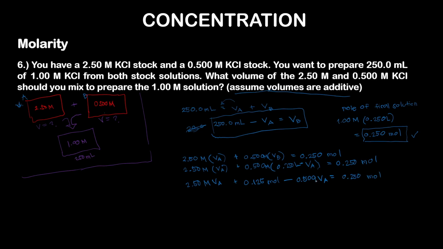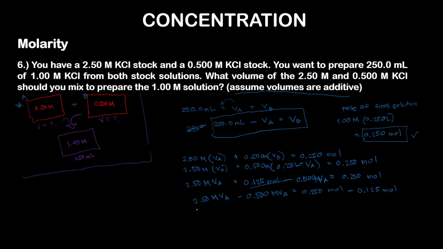Now we got two kinds of terms here: molar times VA, and mole. So let's put the similar terms on the same side. Okay, so 2.50 molar VA minus 0.500 molar VA is equal to 0.250 mole. Then let's put this to the other side, minus 0.125 mole.